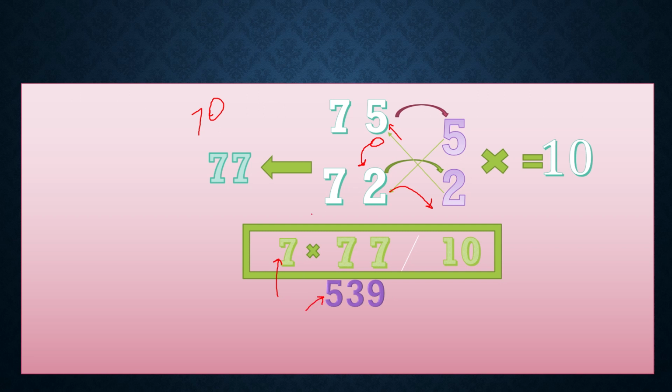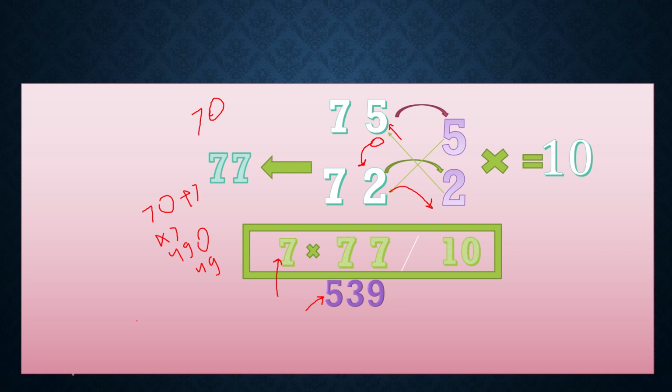If you want to multiply it in your mind, you can simply do it by the conventional method, or we can multiply in this way: 7 into 70, we get 490, and then we add 49 to this.